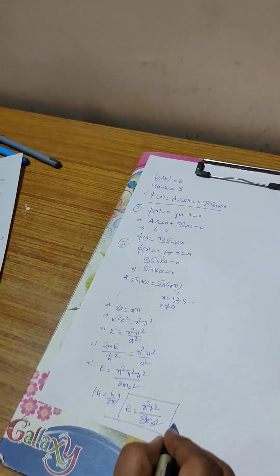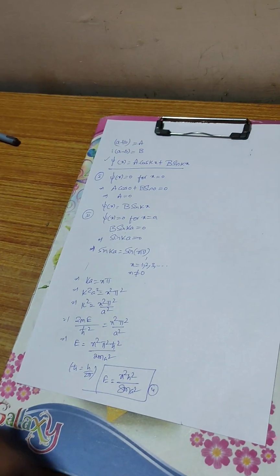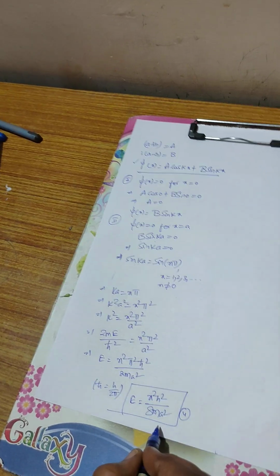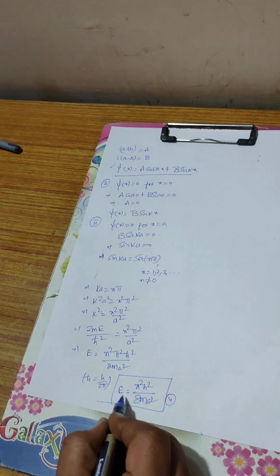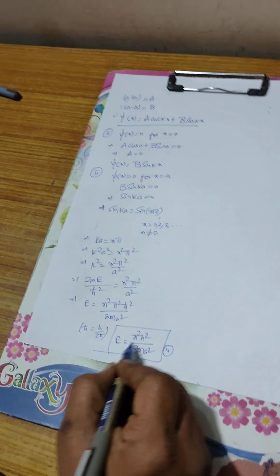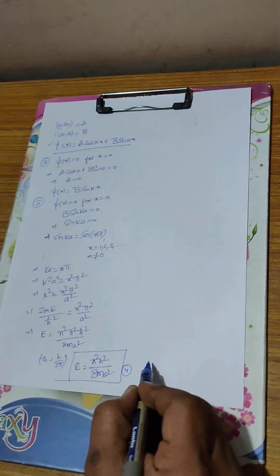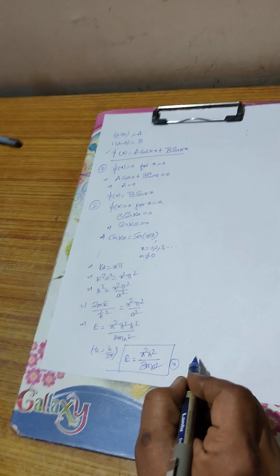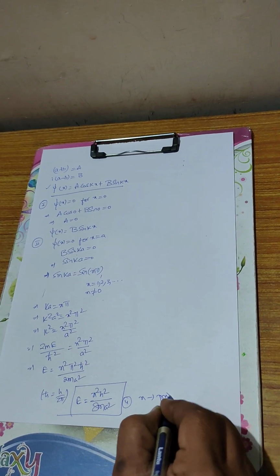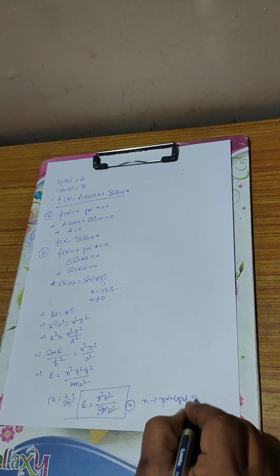Observing this expression clearly, we can understand that the energy of the electron inside the potential well is not continuous, but it is quantized or discrete. That means an electron in a potential well can possess only some allowed energy values which depend on a term known as n, which is the principal quantum number.